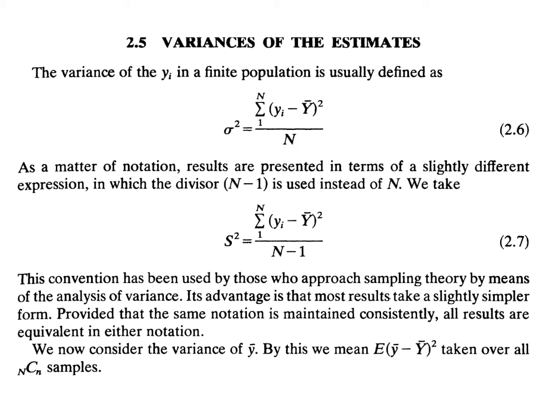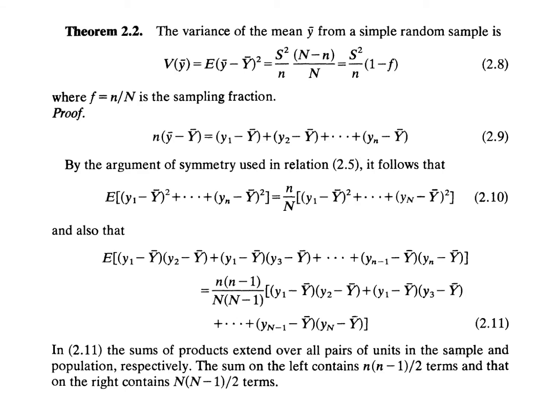We now consider the variance of y bar, the sample mean, which is the expected value of (small y bar minus capital Y bar) all squared, taken over all the N choose n combinations of samples. Here we will take Theorem 2.2.